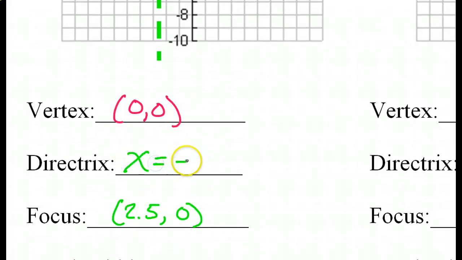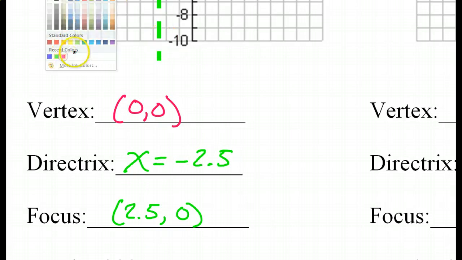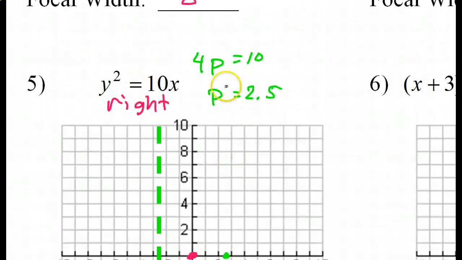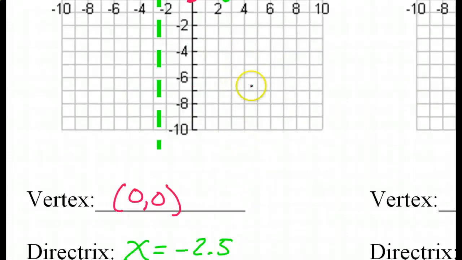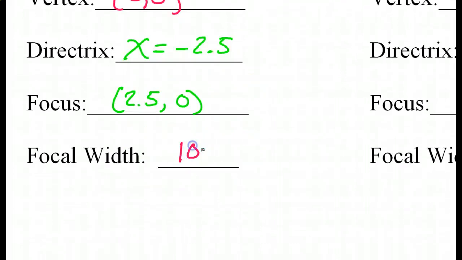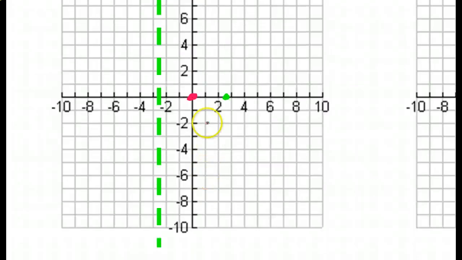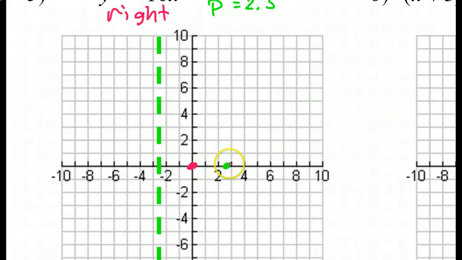All right, now I just need my other 2 points. And for that, we'll use the focal width of 10. So my focal width is 10. So that means at the focus, the width is 10. So that means 5 up and 5 down. All right, so if I go 5 up and 5 down, then these are the points that I need.